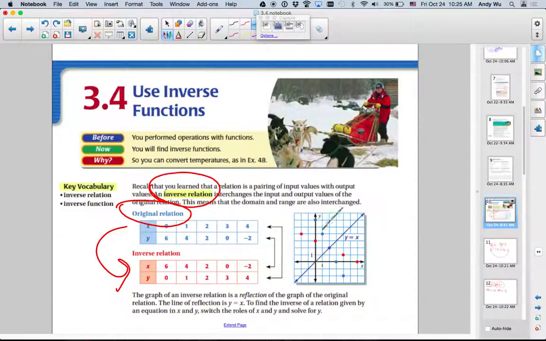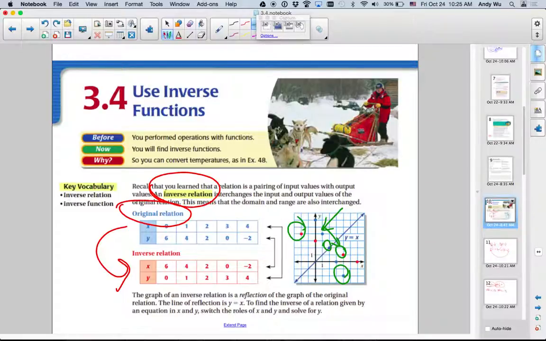So this is your original point, which is (1, 4). Your inverse is now this point, so that's (4, 1). That make sense? If your point is this point, which is (2, 2), your inverse is (2, 2). It doesn't change. If your original point is (4, -2), now you have (-2, 4).